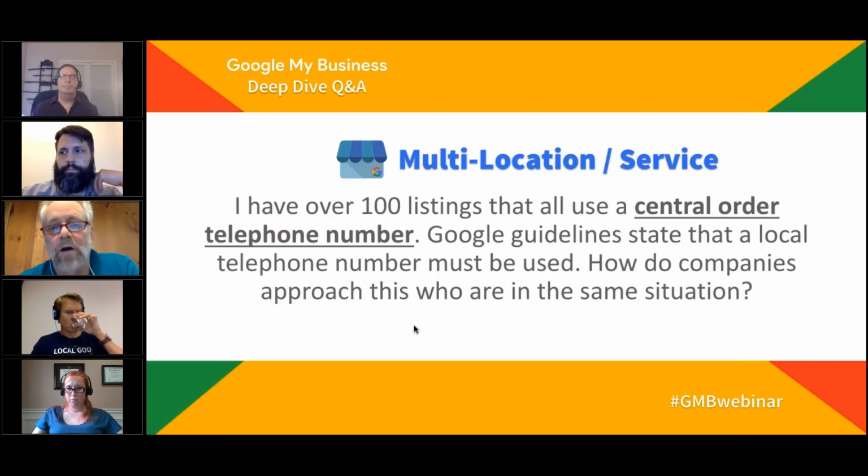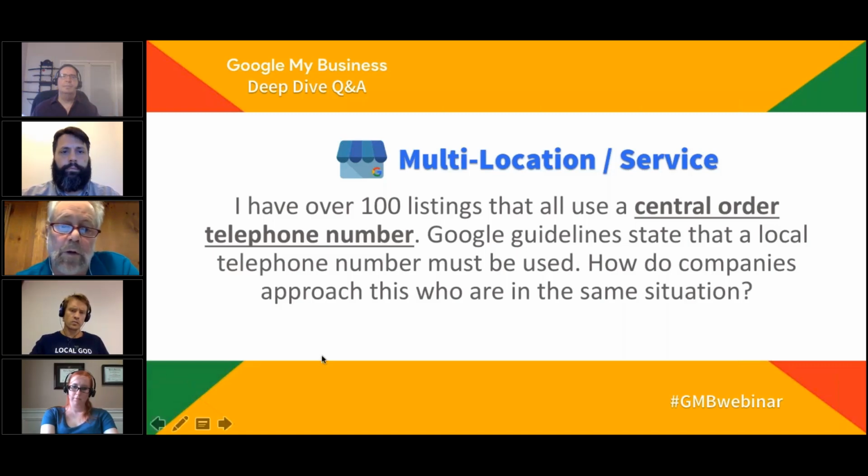I think if you had a call tree that was similar with a central order number, because sometimes it is appropriate to speak to the location, it's another way to handle it. And if you do it the AT&T way, it's easy enough to get virtual numbers and set up a call tree that does use local numbers, that does give people access to the local location. Yeah.